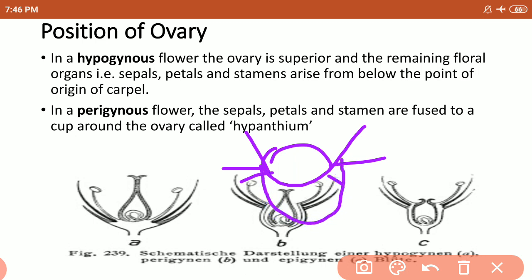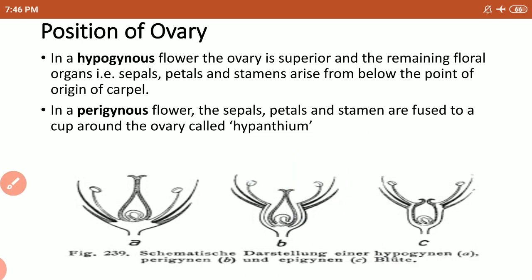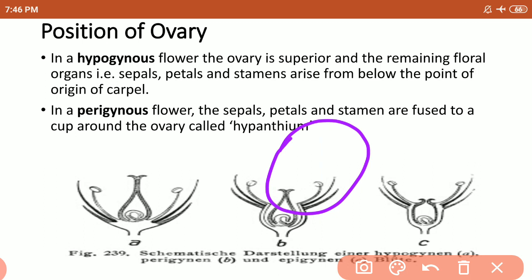They form a cup around the ovary. That is called perigynous. Just like the ears on the face. If this is the face of a human, this is the periphery. Okay, that is the perigynous flower.